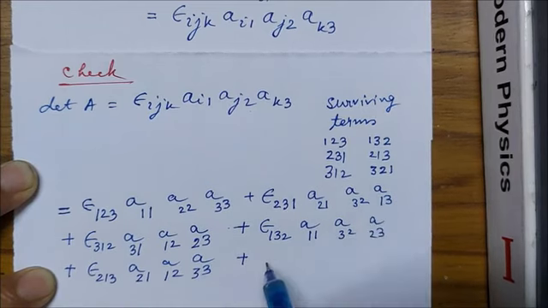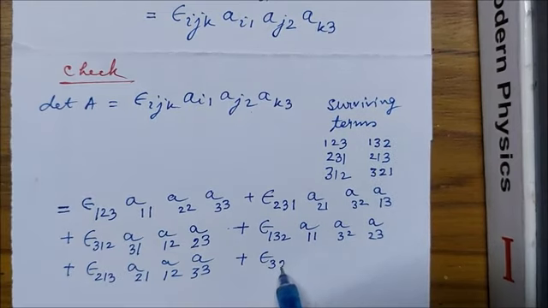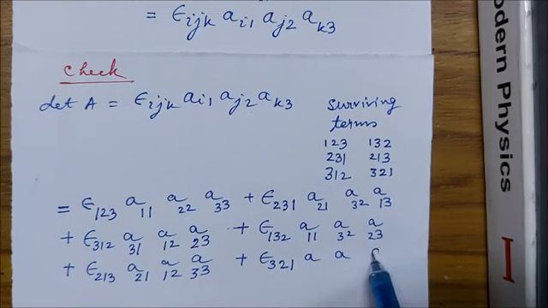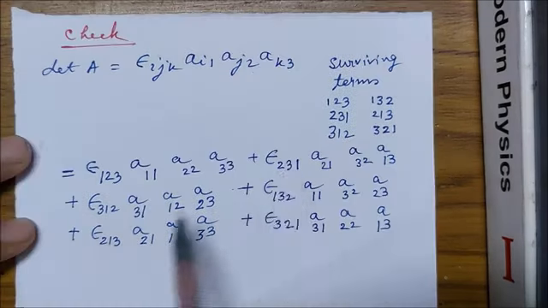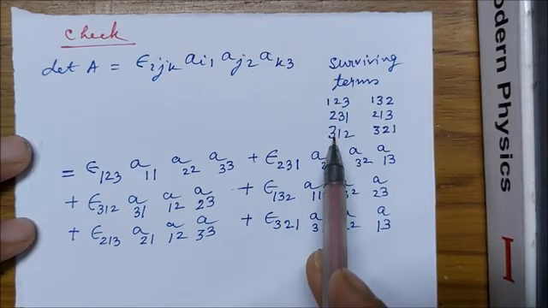And now the last term, the rightmost ones are 1, 2, 3 and the left ones are 3, 2 and 1. The first 3 terms will be plus because the corresponding Levi Civita symbol stands for plus.